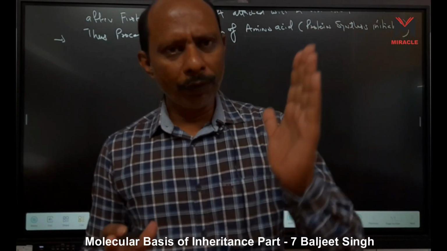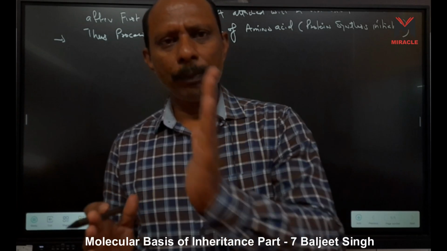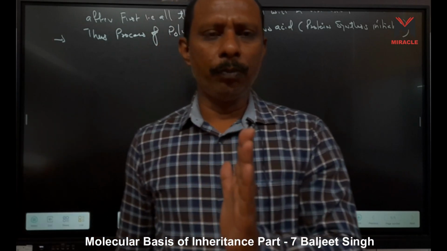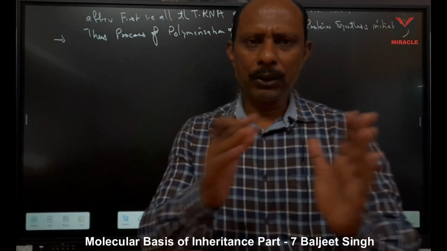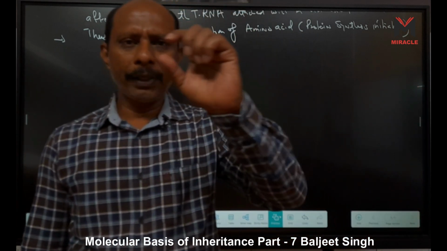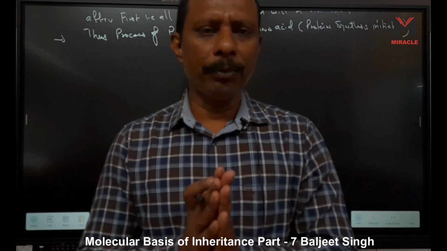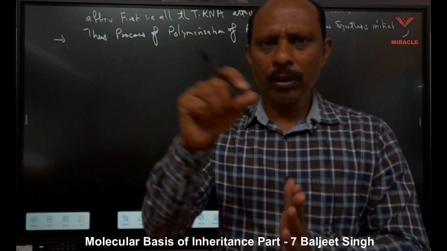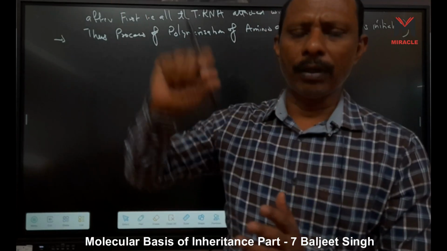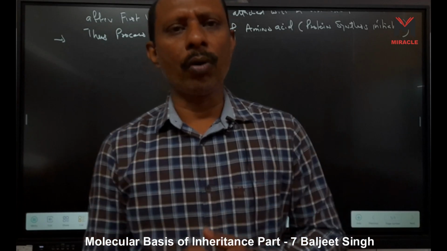Then the fifth comes, the fourth moves to the P site and then leaves. Sixth comes, seventh comes, and so on. This process is continuous, and peptide bonds are formed between the amino acids of the P site and A site, so a long chain is formed. This continues until the stop codon comes.